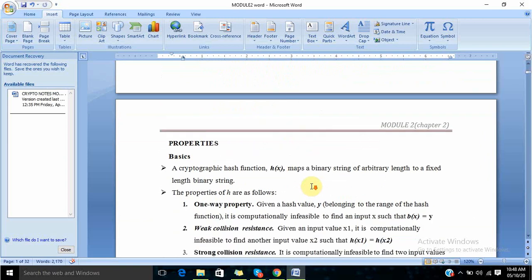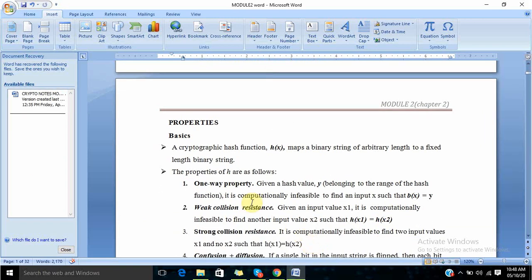Let us understand some of the properties. The first thing is that the hash function is h of x equals y, where h is the hash function and x is the input. If you take the previous example, the name Sanjay would be x and y would be S, whatever you map to. It's as simple as that.